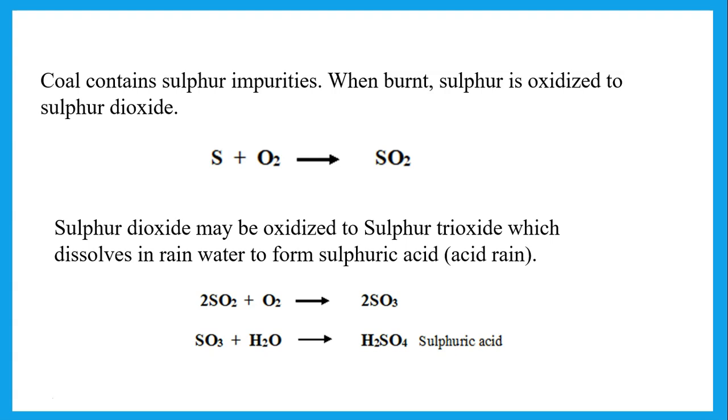Remember, oxides of nonmetals are acidic in general, so that when they dissolve in water, they form acid. So the sulfur dioxide formed can be oxidized to sulfur trioxide. You should remember that sulfur trioxide dissolves in rainwater to form sulfuric acid, and that is what we call acid rain.